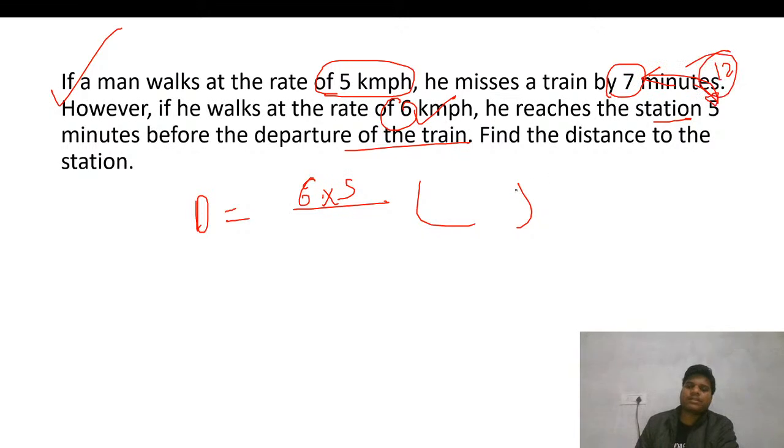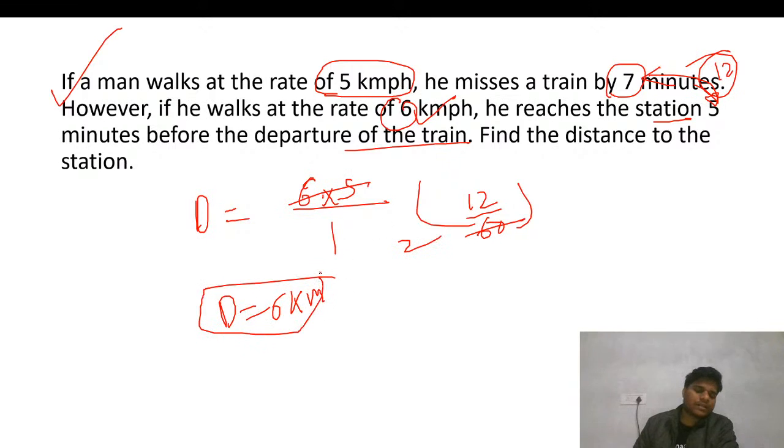The difference is 12 minutes. So 12 upon 60 in hours we have to write, and this is 1. So 6 into 5 is 30, divided by 1, that is 30 by 1, which gives the distance of 6 kilometers. Is this fine? Does anyone have a doubt in this question? You can see, else you would have to make 2 equations here, and this way it is very simple. 6.5.